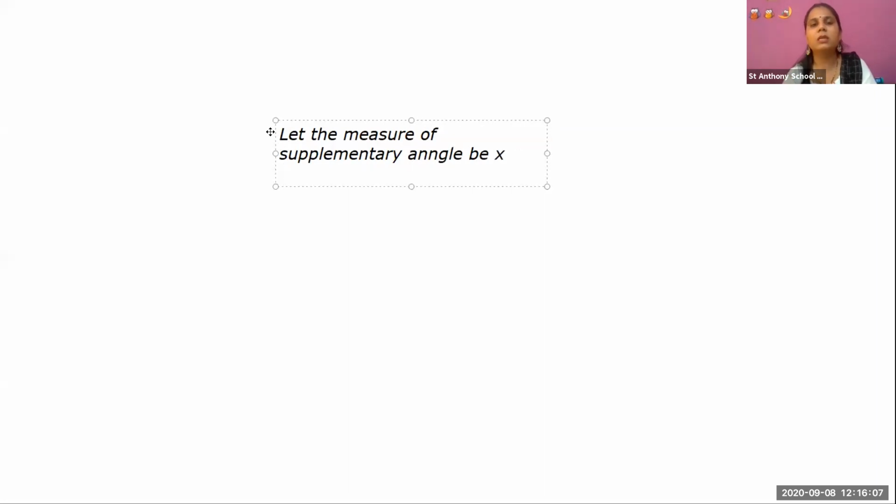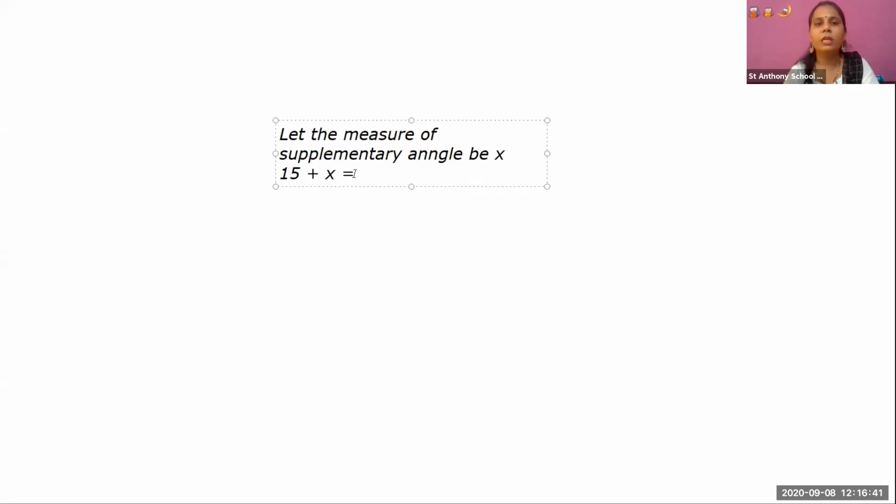Now what is the given angle? 15 degrees, so 15 plus x is equal to what?